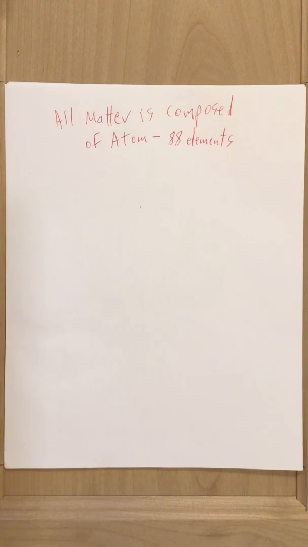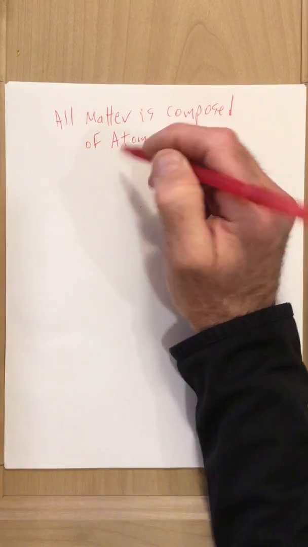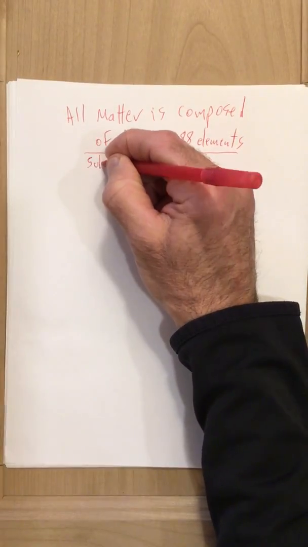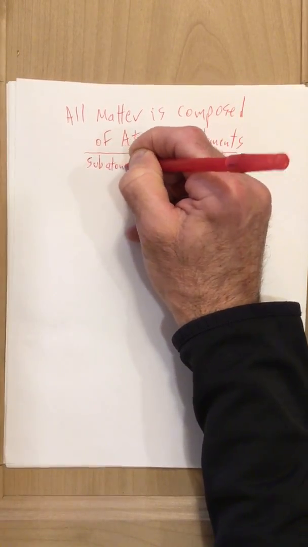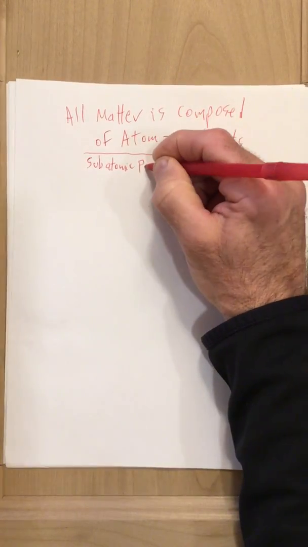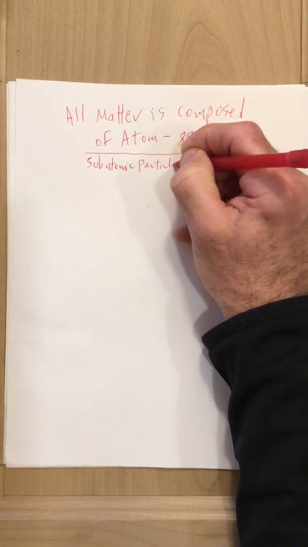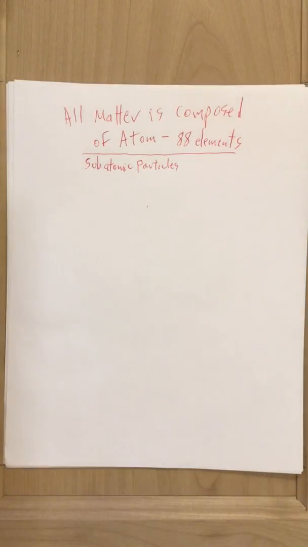Well, the only difference that there can be is in the number of subatomic particles. So we're going to talk about subatomic particles. The subatomic particles are going to be what defines the atom and therefore what the element is.